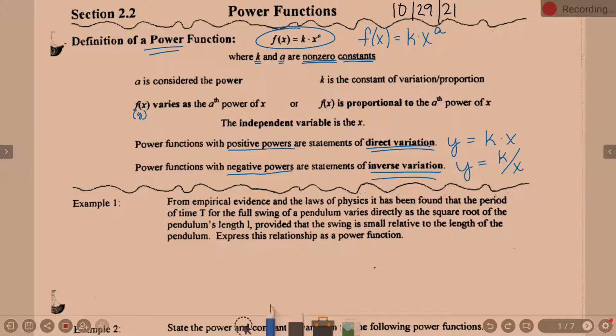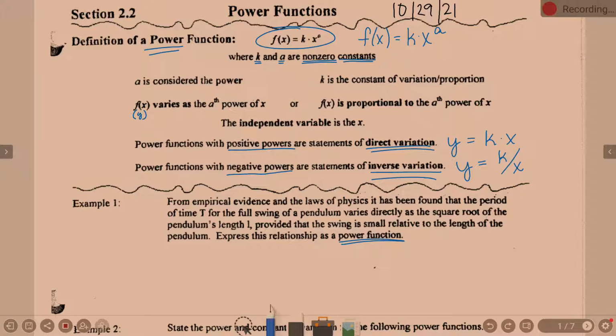Lots of information there, right? The directions ask us to express this relationship as a power function, of the form f of x equals k times x to the a power.